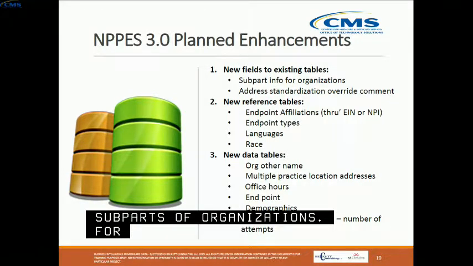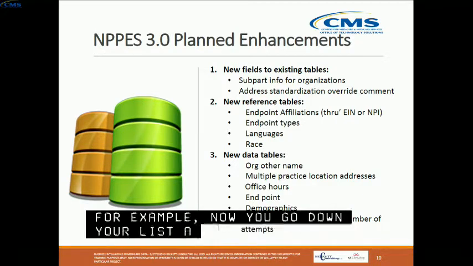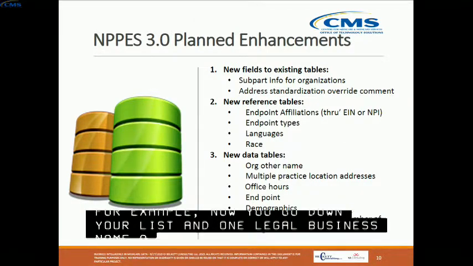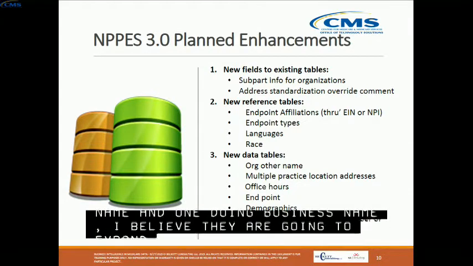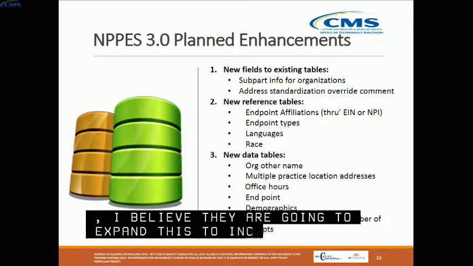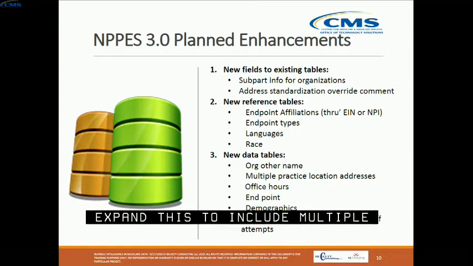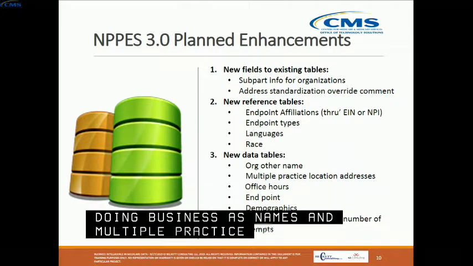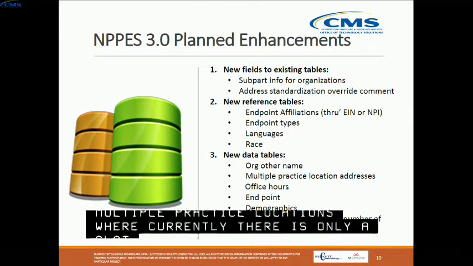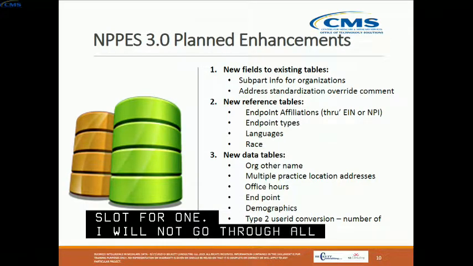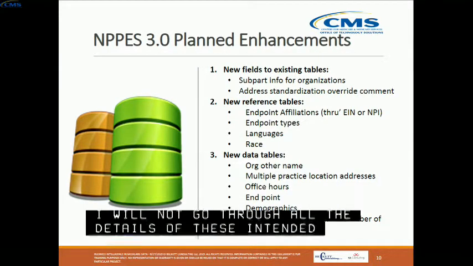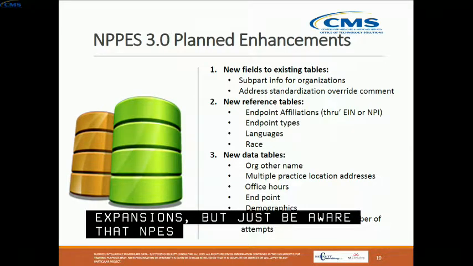I believe they're going to expand this to include multiple doing business as names and multiple practice location addresses, where currently there's only a slot for one. So I won't go through all the details of these intended expansions, but just be aware that NPES is being updated and enhanced, so look for those changes in the near future.